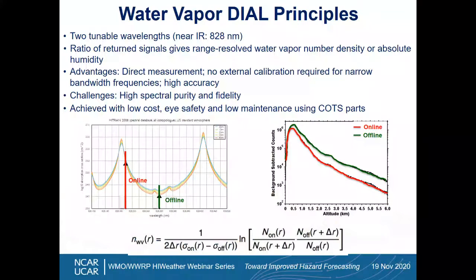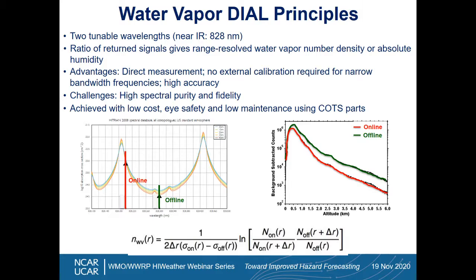So I'd like to describe how the DIAL technique works. It's a really slick and clever, powerful technique that gives excellent data quality. I'm going to show you the DIAL technique that we're using for water vapor, but it's very similar for ozone as well, in that they both use 2 tunable wavelengths or frequencies that are very close to each other. For our water vapor MPD, we're using 828 nanometers.